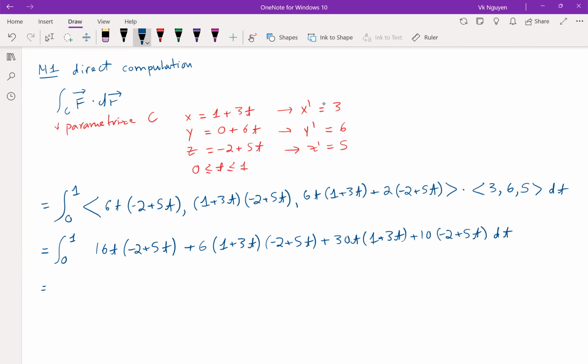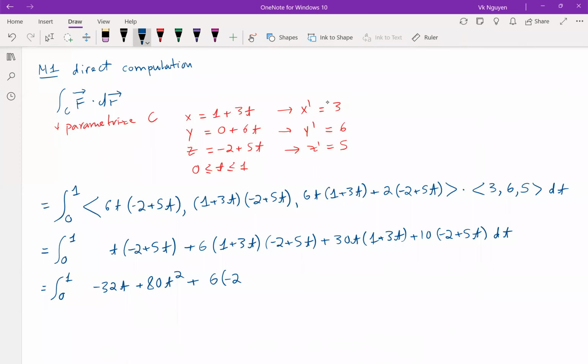Okay, simplify this sucker here. See what we have here. Actually, I'll just FOIL it out before I distribute. Okay, 3 times 6, yeah, 18.